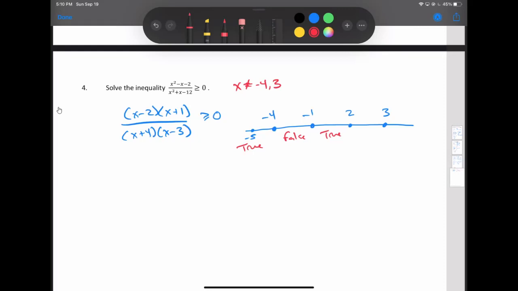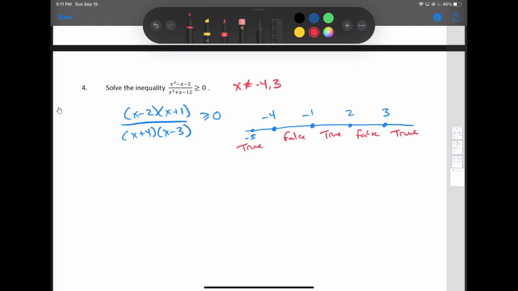2.5 is going to give me a positive times a positive on the top and a positive times a negative on the bottom, so it'll be negative overall. That's false. And then a number bigger than 3, I'll just choose 10. On the top, I have positive, positive. On the bottom, I have positive, positive. Everything's positive. It is greater than 0, so it's true.